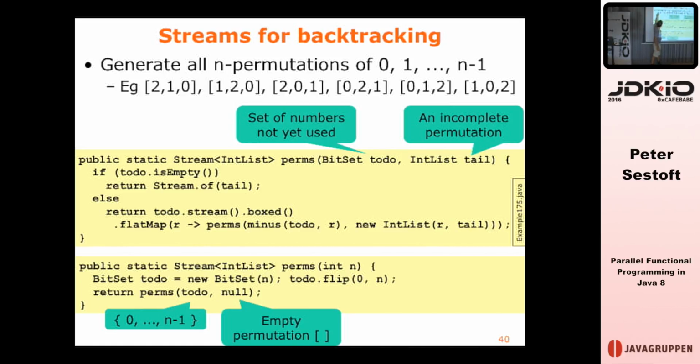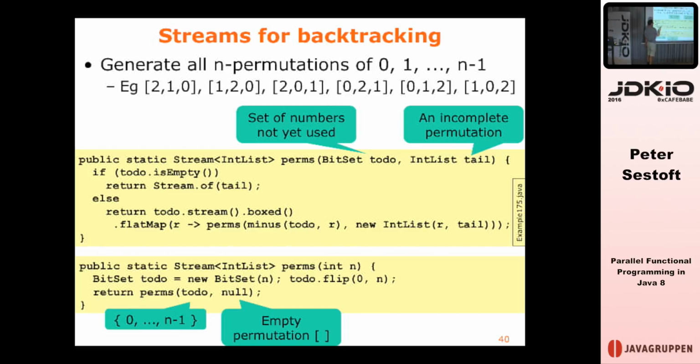Each of these is an int list. Okay, so it's relatively simple but slightly mind-boggling. If the to-do set is empty, then actually all the elements that must be in this one are there. So it's not an incomplete permutation, it's a complete permutation. So we create a singleton stream containing this permutation and output that.